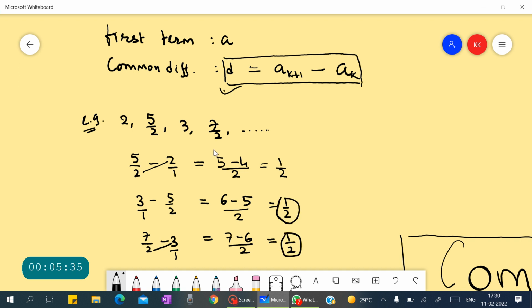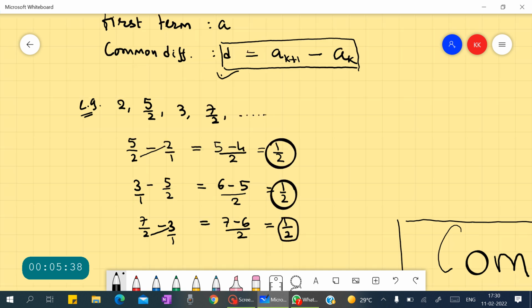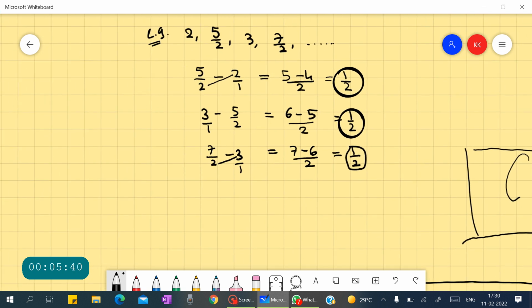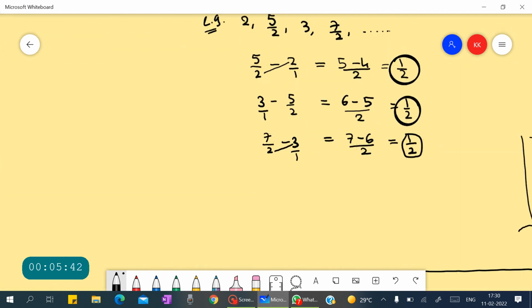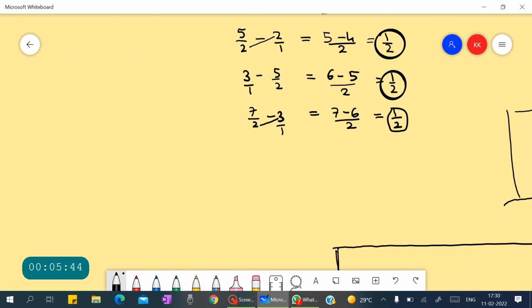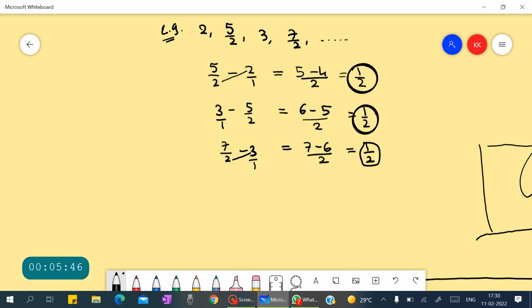So in all cases, the difference remains equal. And my dear students, if the difference remains equal, it means that the given sequence is an AP. So I'm sure that the basics of AP are clear to all of you. Am I clear? Yes, my dear students.